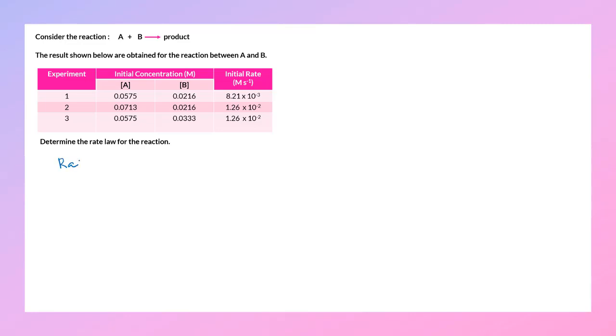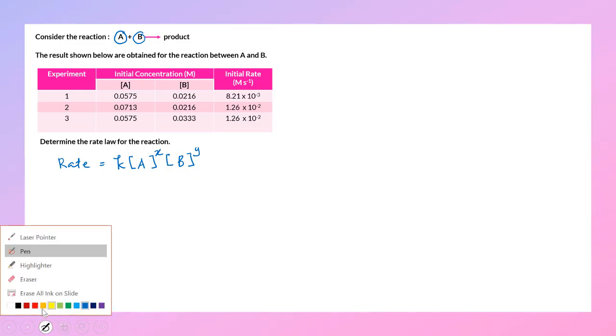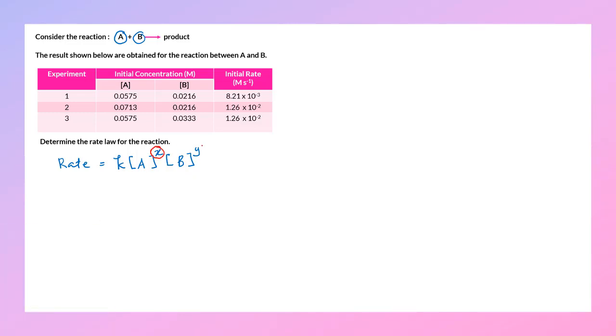So rate equals K times the concentration of reactant A, and we have another reactant B. So rate equals K times concentration of A to the power of X, where X is the order with respect to reactant A, times concentration of reactant B to the power of Y, where Y is the order of the reaction with respect to B. Actually, we are going to determine the values of X and Y, where X and Y are the orders of the reaction.